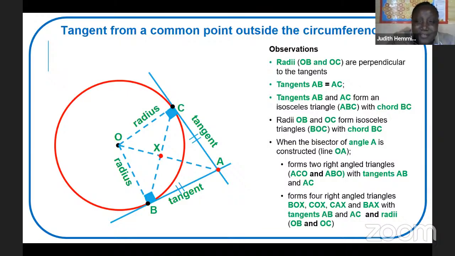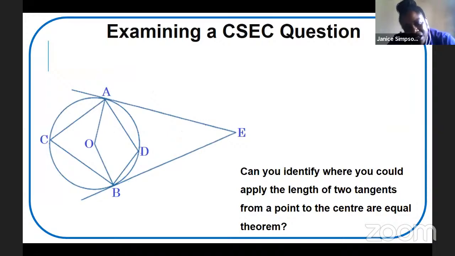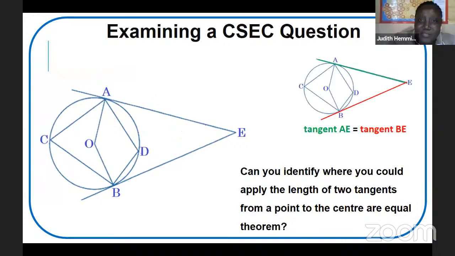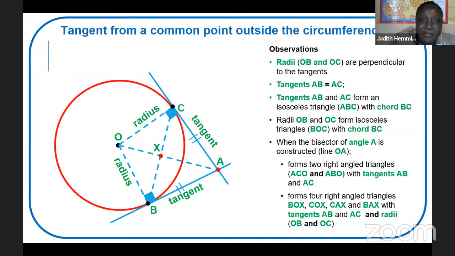And then we want to see which base angles from that triangle ABC would be equal. We're seeing CAB and CBA. All right. CAB and CBA.